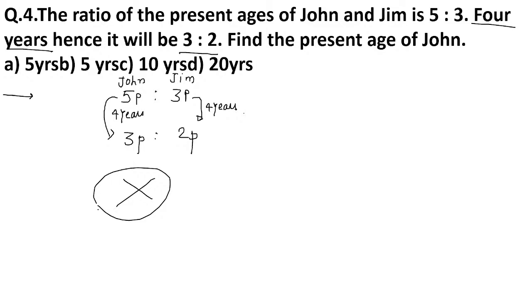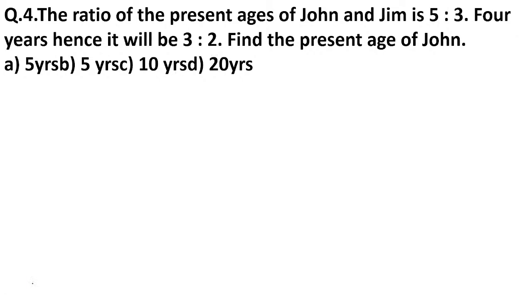So, first of all, let's solve the question with the traditional method. Look here. What is the present age ratio of John and Jim? It is 5:3. So let John's age be 5x and Jim's age be 3x.